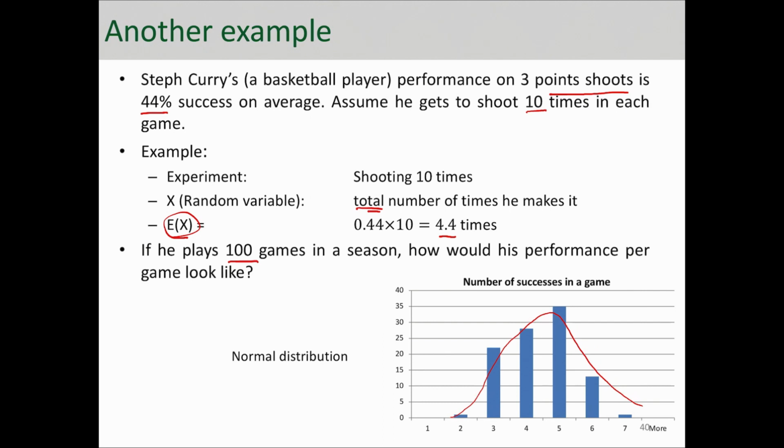I replicated that experiment, right? Every game 10 shots and 100 games. You can see that for most games, he would have 4 or 5 successes, and as you move away from the average, the probability goes down, but it behaves like a normal distribution.